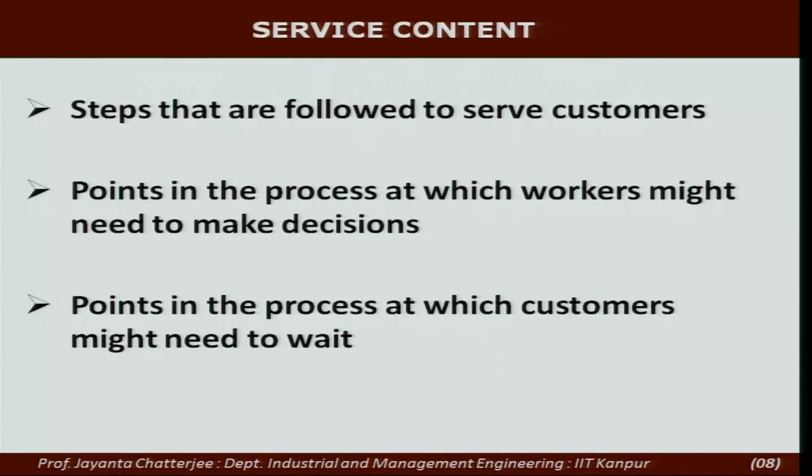Service content will be steps that are followed to serve the customer, points in the process where the service provider employee may have to make decisions. So these are the touch points that we had referred to earlier, which are also discretionary decision making points for service employees.